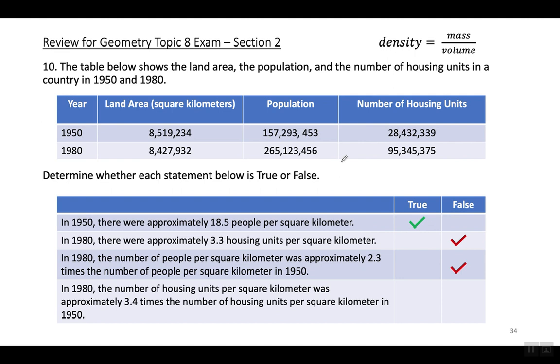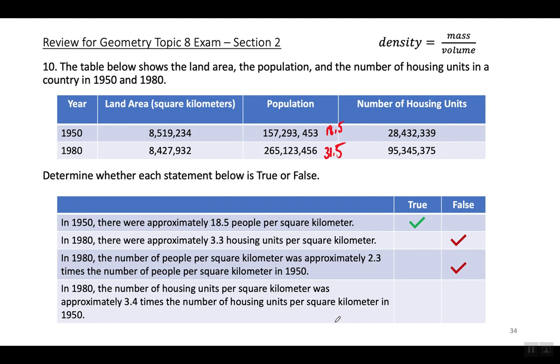All right, and I think it was 18.5 and 31.5, I'm pretty sure it was that. In 1980, the number of housing units per square kilometer was approximately 3.4 times the number of housing units per square kilometer in 1950.